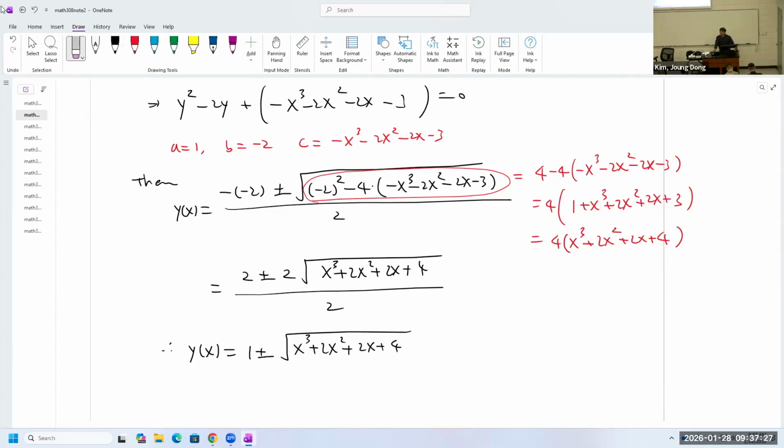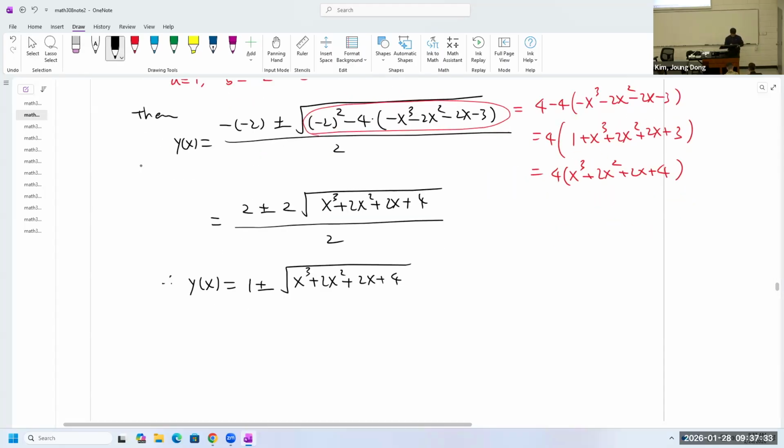We are not supposed to stop here. Do you know why? Because we have an initial condition, right? Here we go. Since y of 0 was, what was it? -1, right? Look at that. When you plug in 0 there, what happened? 0, 0, 0, and 4, which is 1 plus and minus the square root of 4, right? Well, if it is plus, what happened? 1 plus 2, which is 3.